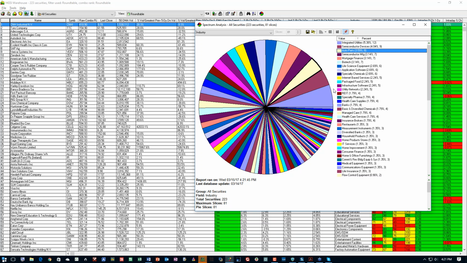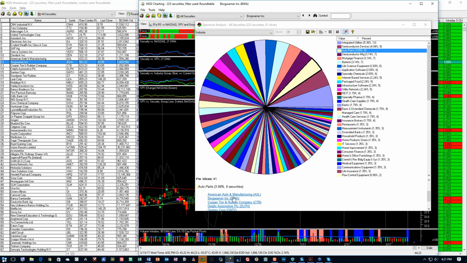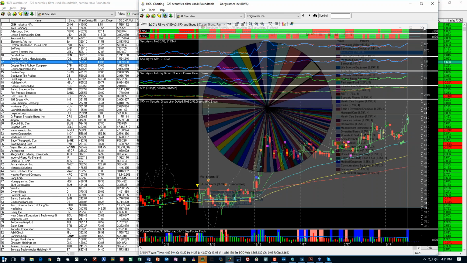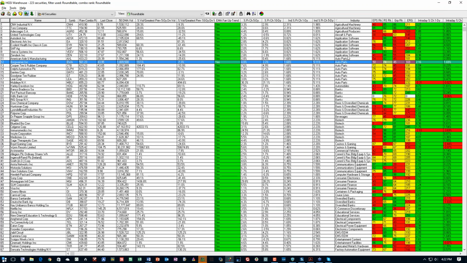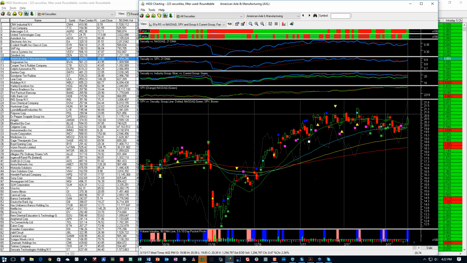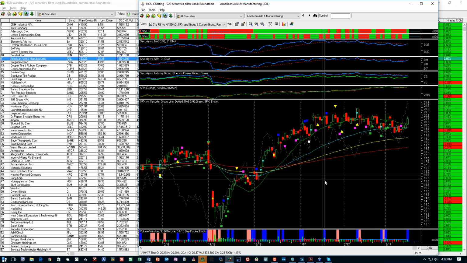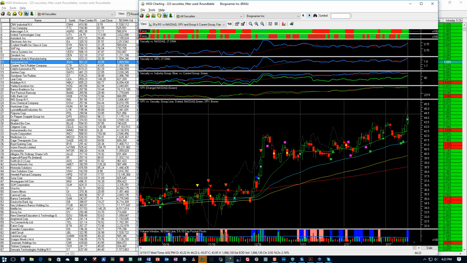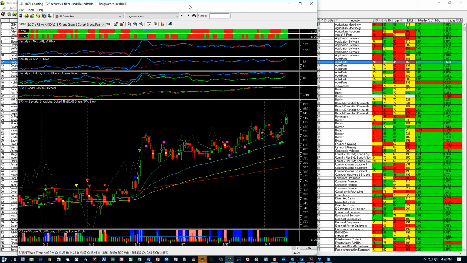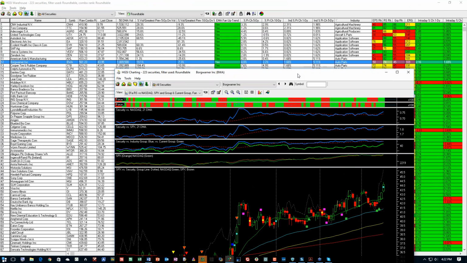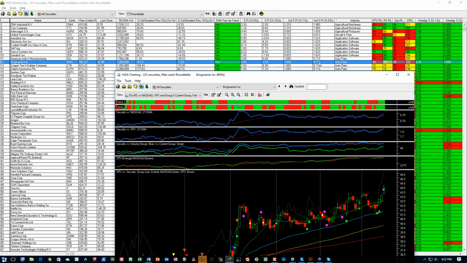Semiconductor devices, auto parts, I said that group has been very strong lately. Let's just go take a look at some of these stocks in the auto parts. Right here, there's about 6 or 8 of them. And they are all outperforming. The group has really moved up nicely, but these stocks are outperforming the group.